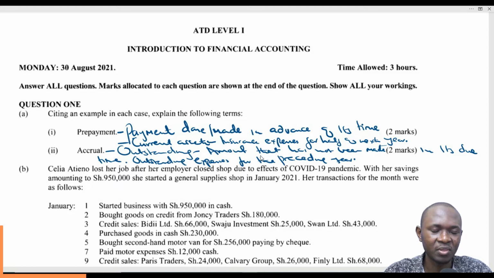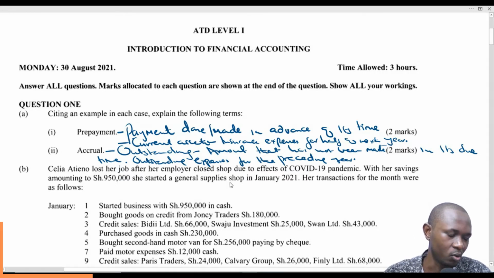If it's an income that we were supposed to receive, say last year, and we have not received, we call that an accrued income. We've gone to another financial period and have not yet received what was supposed to be received in the preceding period. We call that an accrual, or accrued expense or income.